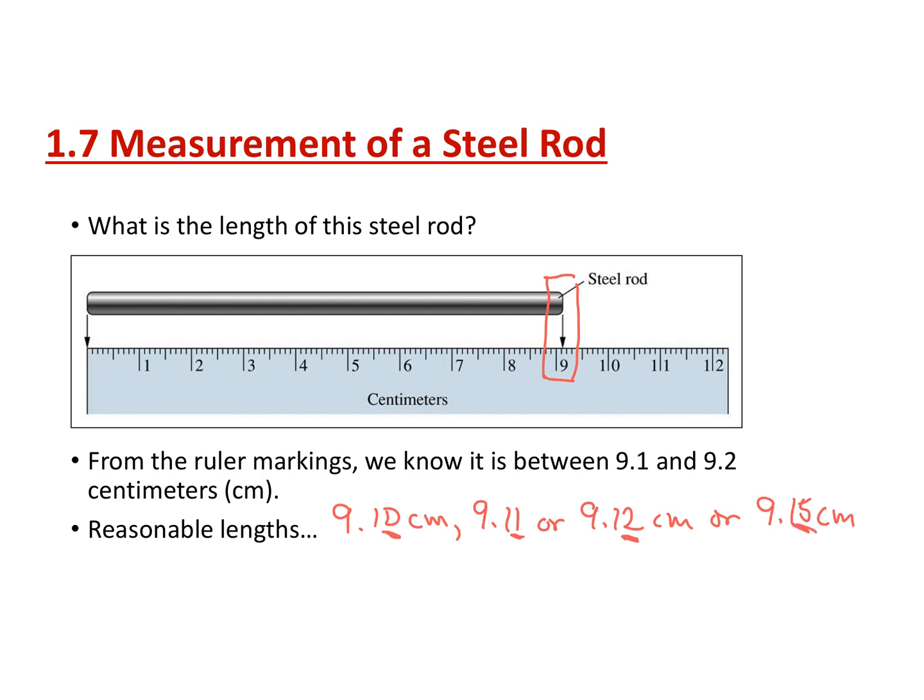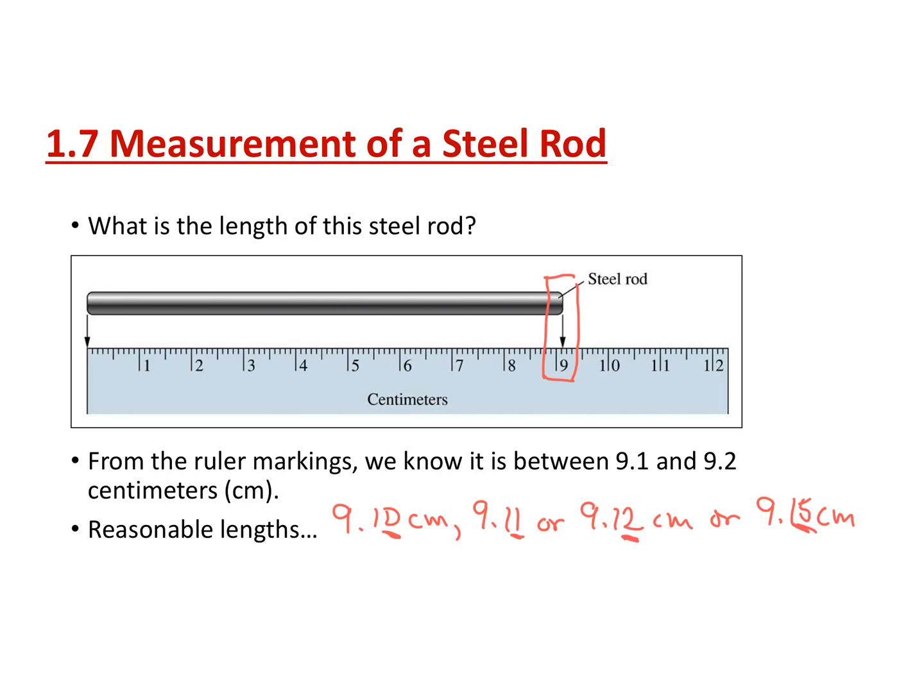We'll notice that that last number reported, that's where we disagree, right? I could take a room of 100 people and ask them to measure this, and they would come up with possibly many different answers, all based on how they interpret where that rod stops with respect to the ruler.